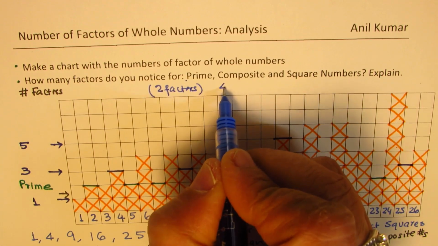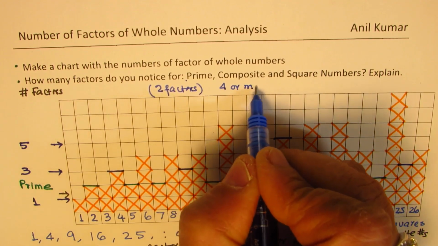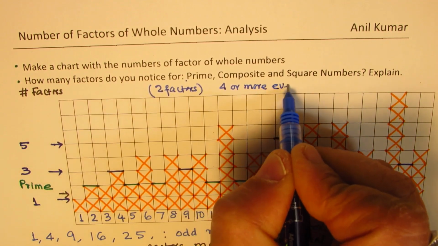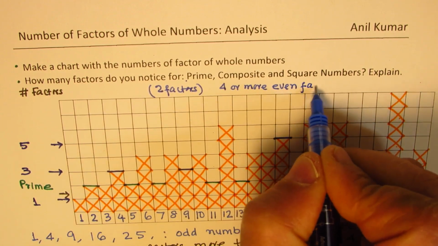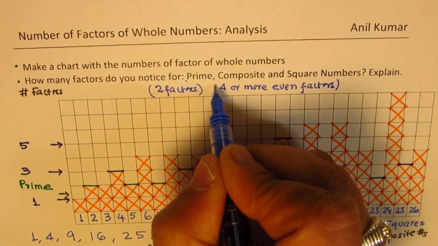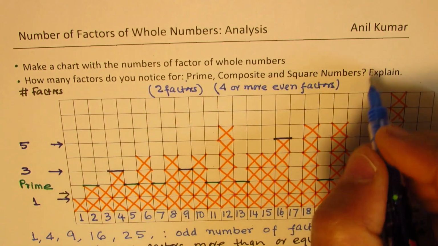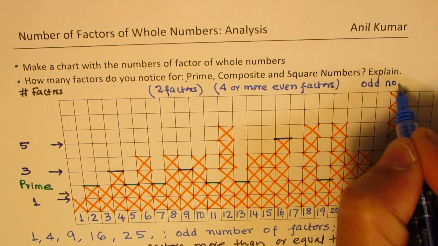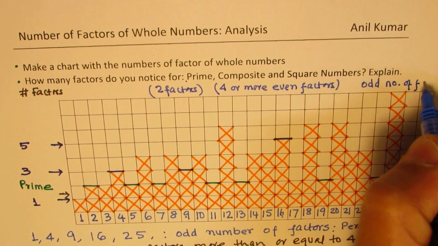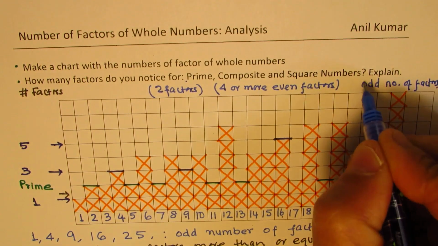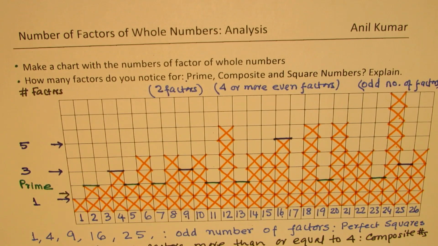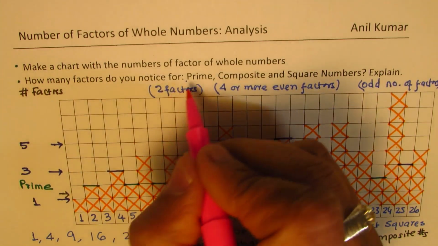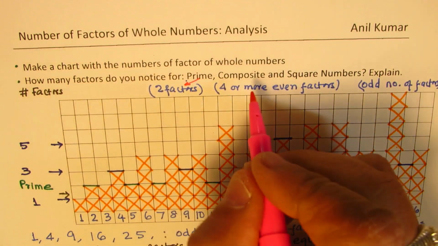Composite numbers have 4 or more even factors. And square numbers have an odd number of factors. Correct? So that is the conclusion from what we have just shown in our chart, right?